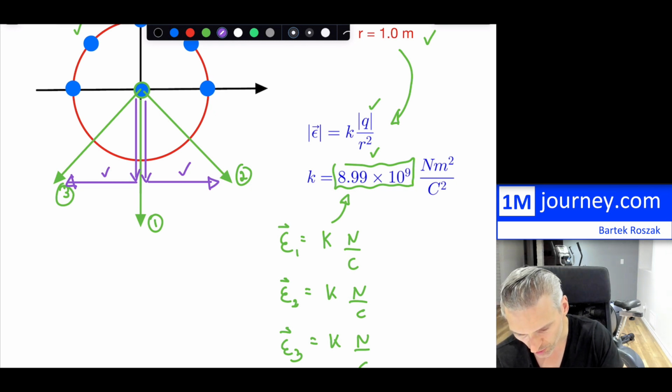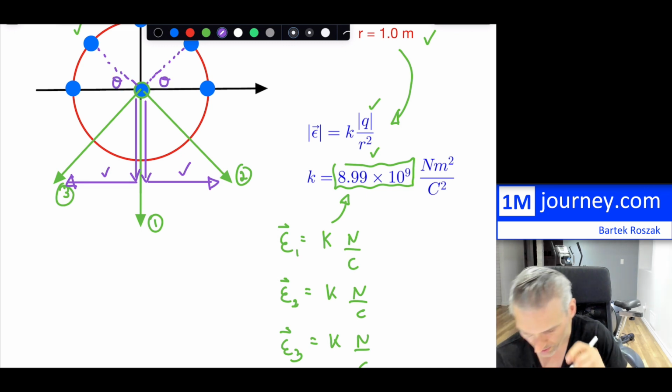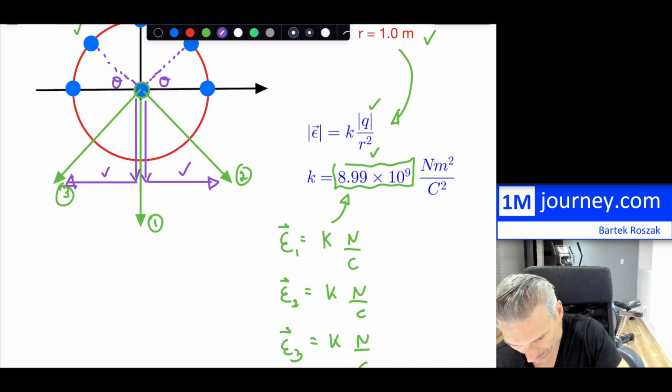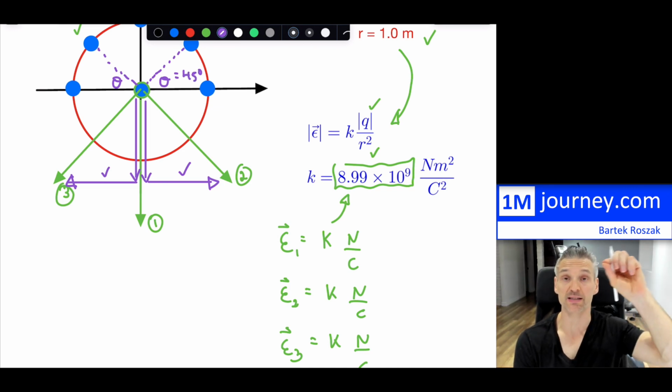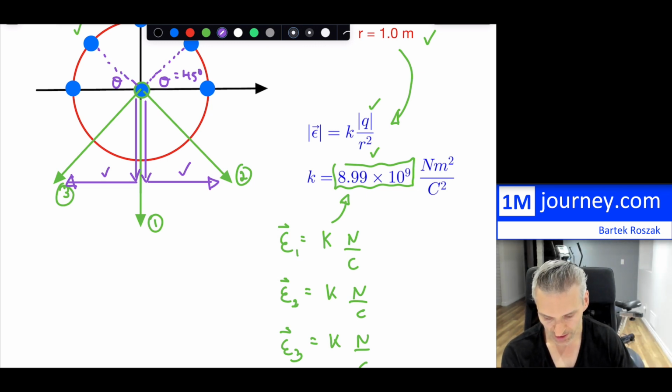Now, because these are all equidistant, if I stretch this out in this way and we're talking about this angle, these angles are the same, and this is going to be 45 degrees, because that charge is equidistant on that unit circle in this way.